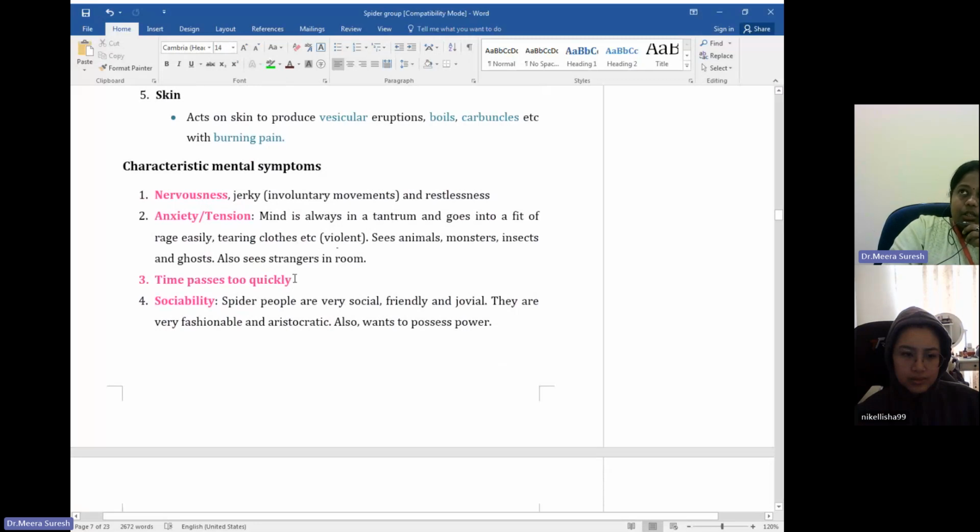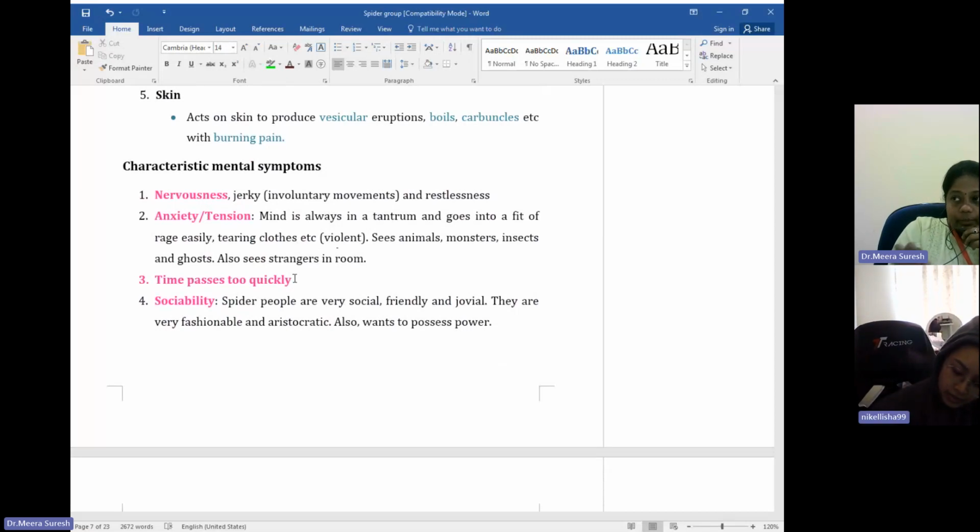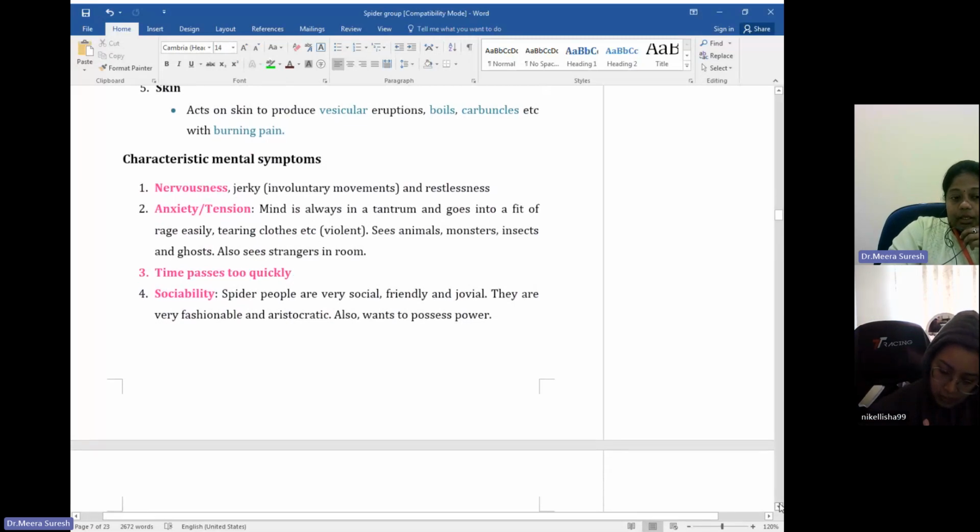But if you ask me, the intensity will be much more in case of belladonna than stramonium hyoscyamus when compared to the spider group. The spider will be having it, but when compared, the hysteria in them should be lesser.